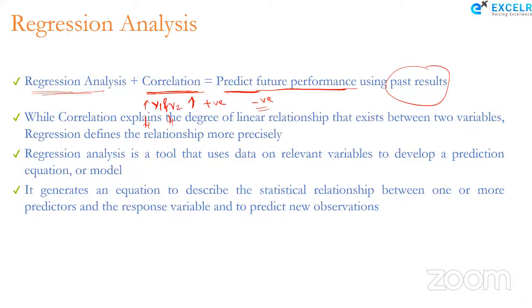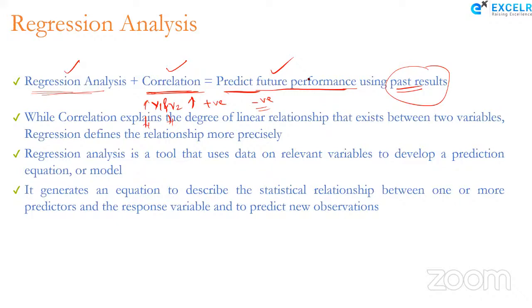In order to predict any particular variable of interest, we need to analyze the past data. So based on the past data, we are going to do regression analysis combined with correlation, and build a model to predict the value of that variable of interest, or target variable, or output variable, or any business metric which is of our interest.